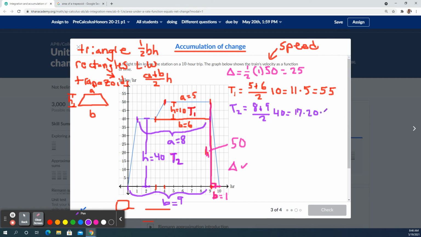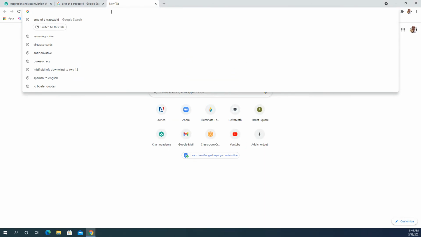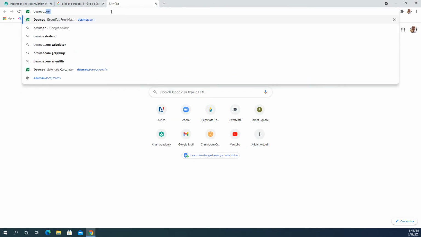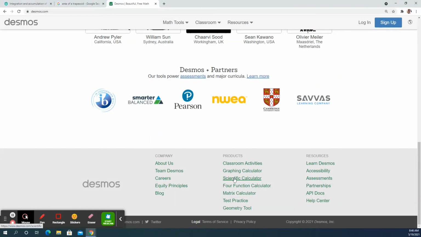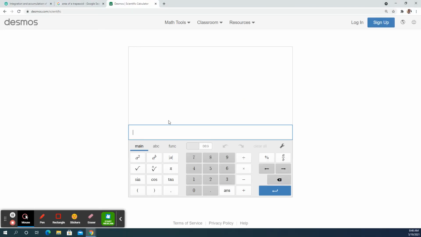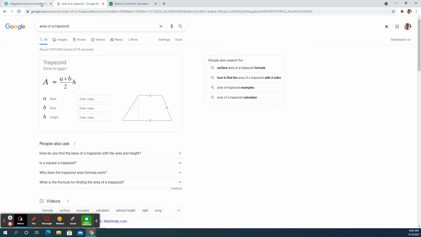So just doing reducing and simplifying. 17 times 20. I don't want to do all this work and make a mistake with my arithmetic. 17 times 20, 340. 340.